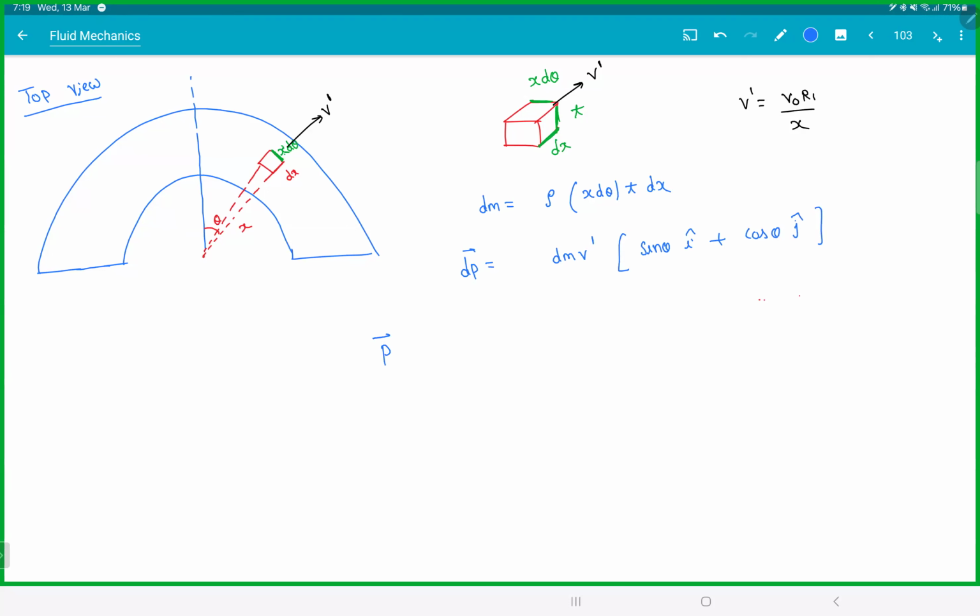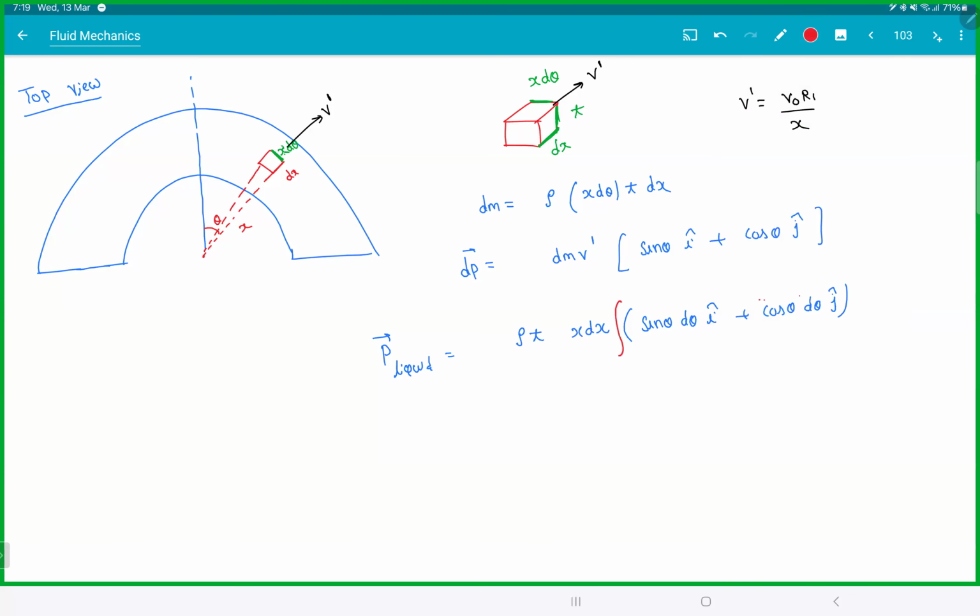Then the momentum of the liquid will be rho T x dx, sine theta d theta i cap plus cos theta d theta j cap.